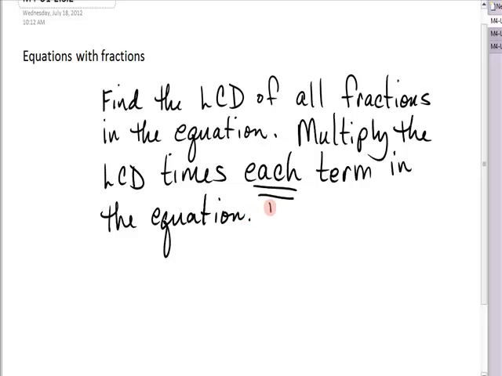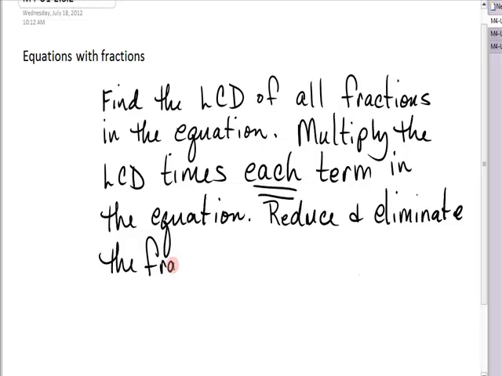Then you will reduce and eliminate the fractions. All right, let's see this in action.